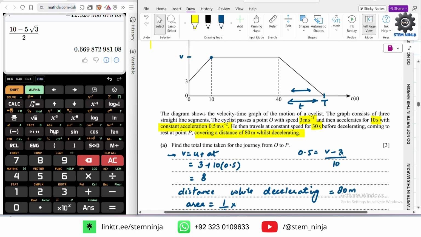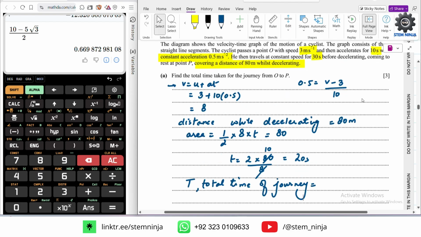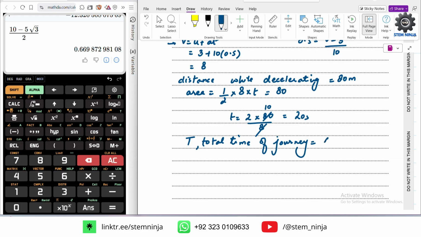So the height of this triangle, which is the change in velocity, that is 8. And we need to know the t. So t is equal to 2 times 80 divided by 8, so that is just simply 20 seconds. So therefore the total time for the journey is 40 plus 20, 60 seconds.